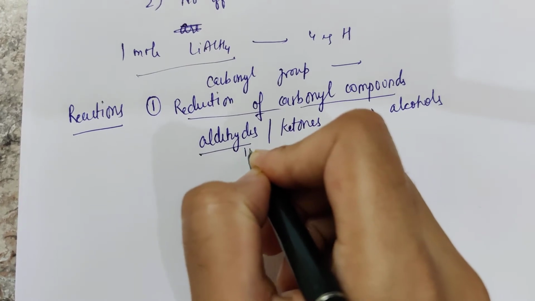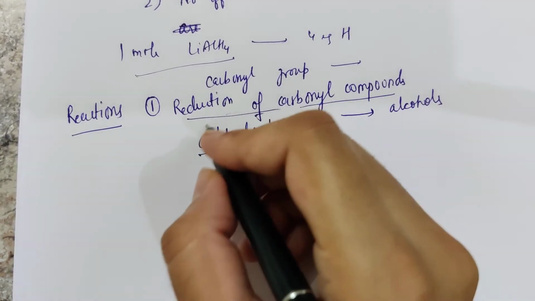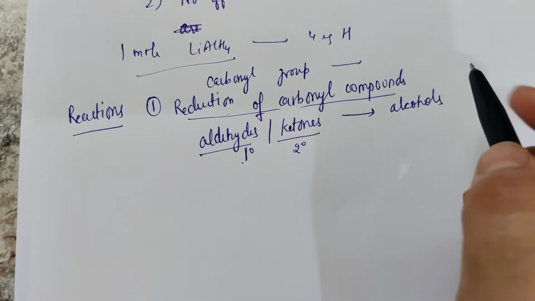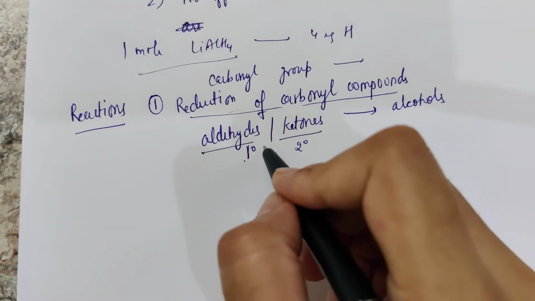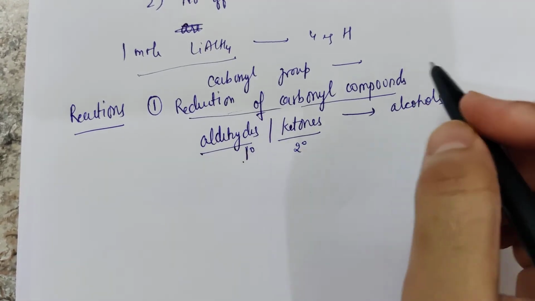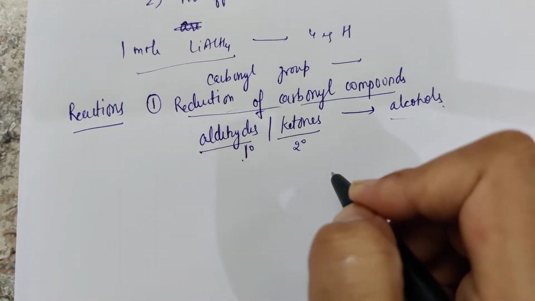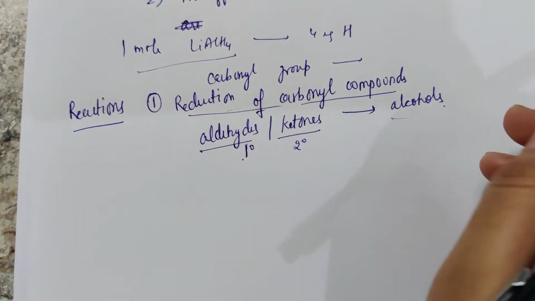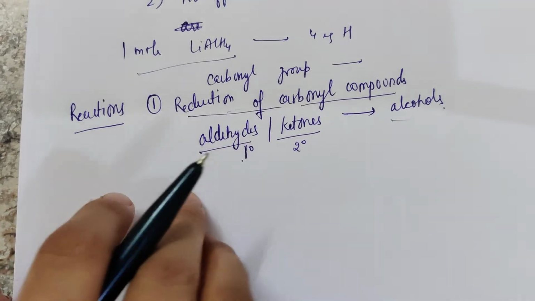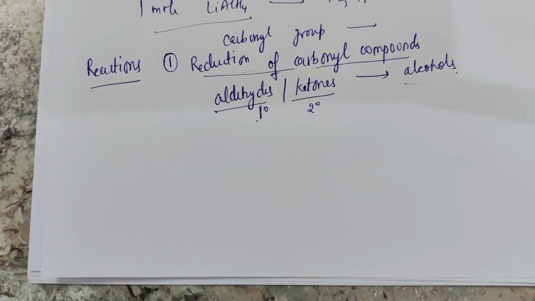Aldehyde will give us primary alcohol while ketones will give us secondary alcohol. Aldehydes and ketones are not directly reduced to alcohols, but first aluminium alkoxide is formed, which when treated with aqueous acid gives us the alcohol.